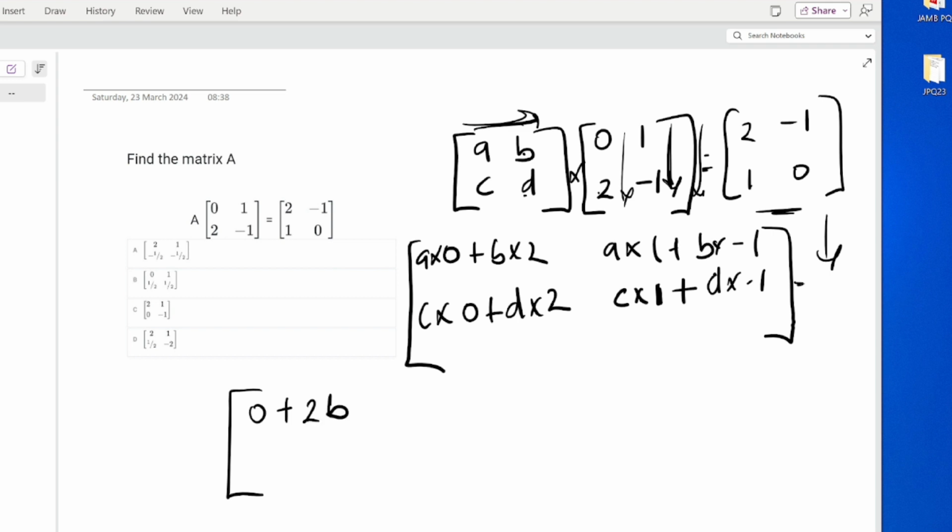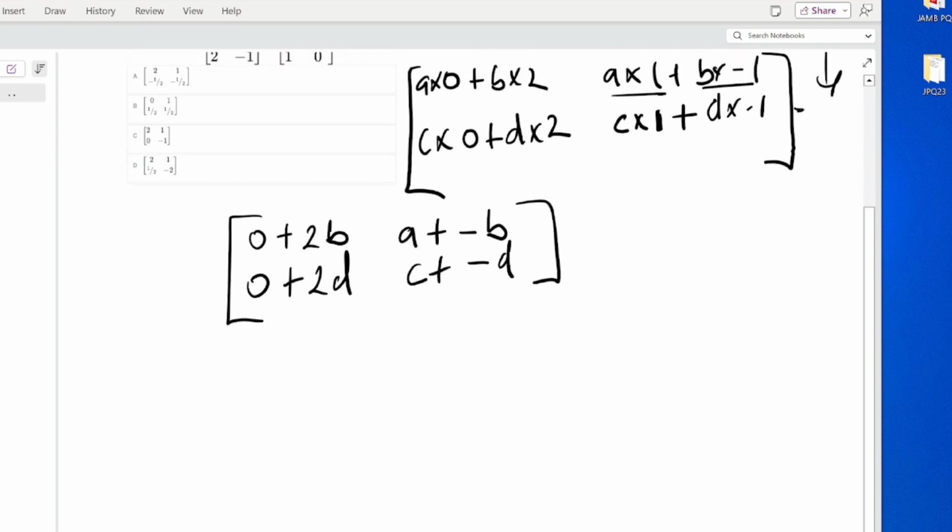Then on the other side, we have a times 1 is a, and plus minus 1 times b, that is minus b. We have c times 0, which is 0, plus d times 2 is 2d. We have c times 1 is c, plus d times minus 1 is minus d.